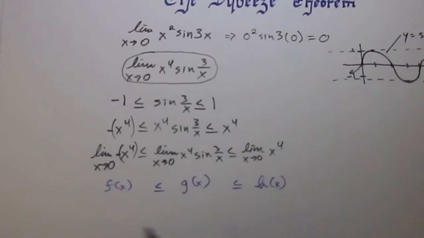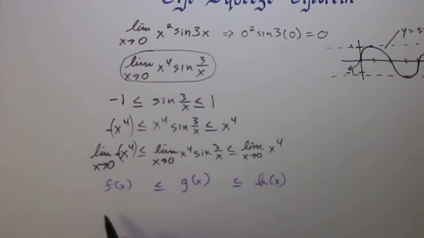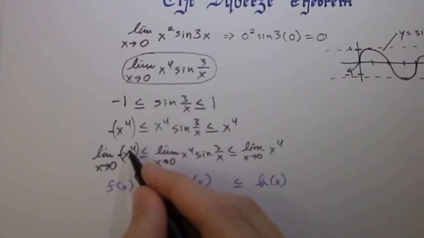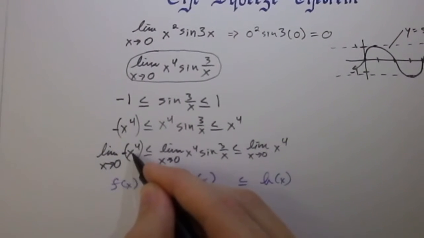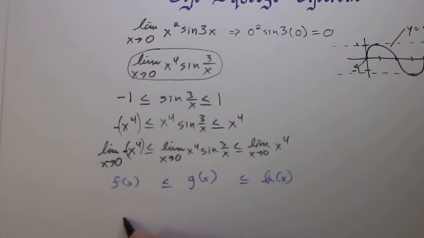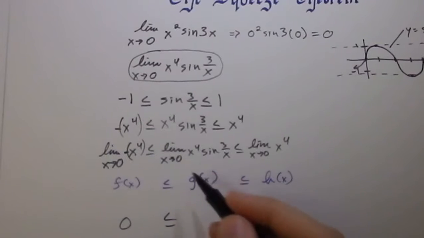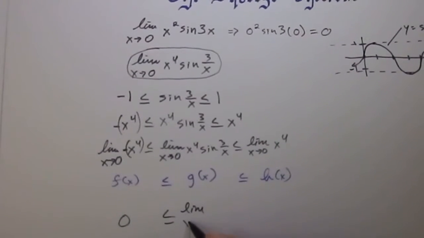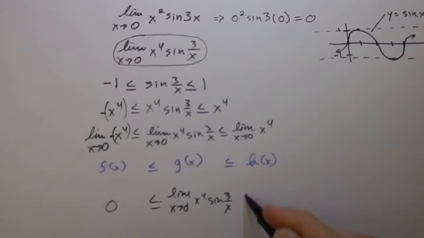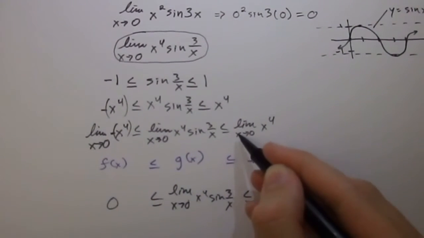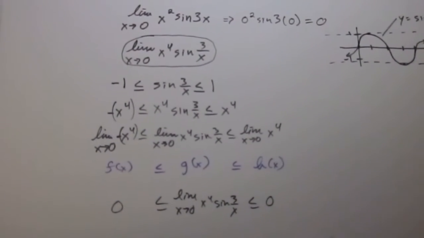I just want to make sure that you understand, or you could visualize this real quick. What is the limit of negative x to the fourth as x approaches 0? Well, this is a polynomial, so you could substitute. This is going to be 0. In other words, f of x equals 0. This is going to stay the same. And the limit of x to the fourth as x approaches 0 is 0, because we could use substitution.